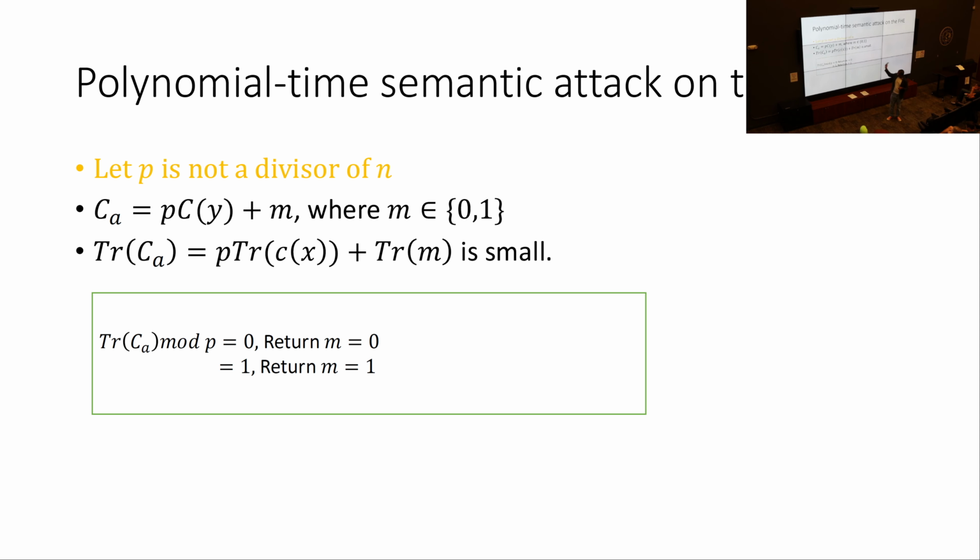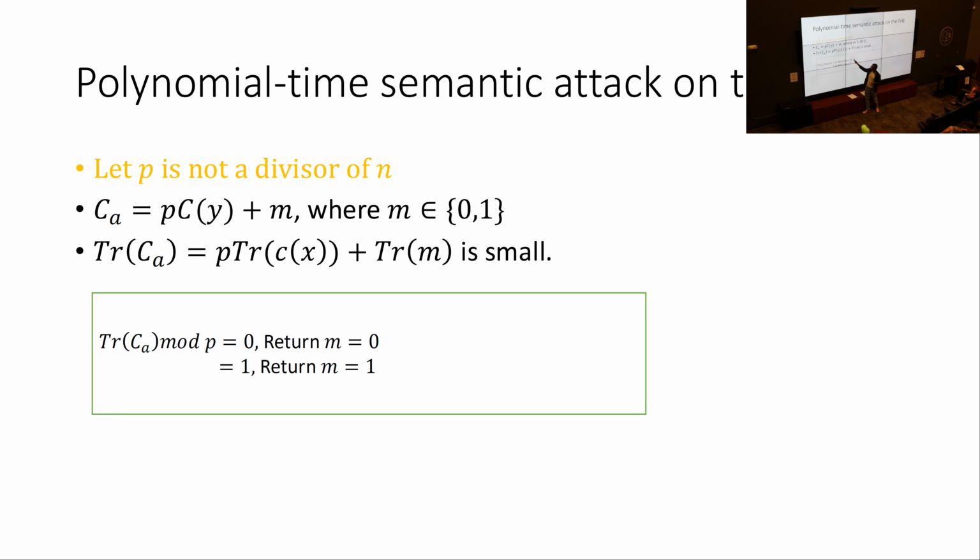Given the ciphertext, he does the trace computation like before. For the first case, let's consider p, which is 2, not a divisor of n. That means n is odd. Now, trace is linear and so on. Any questions? So you know that this trace is going to be this, and by definition this trace is also small. Now, if you do the mod p operation, the first part cancels out, and what you get is the trace of 1 or the trace of 0.